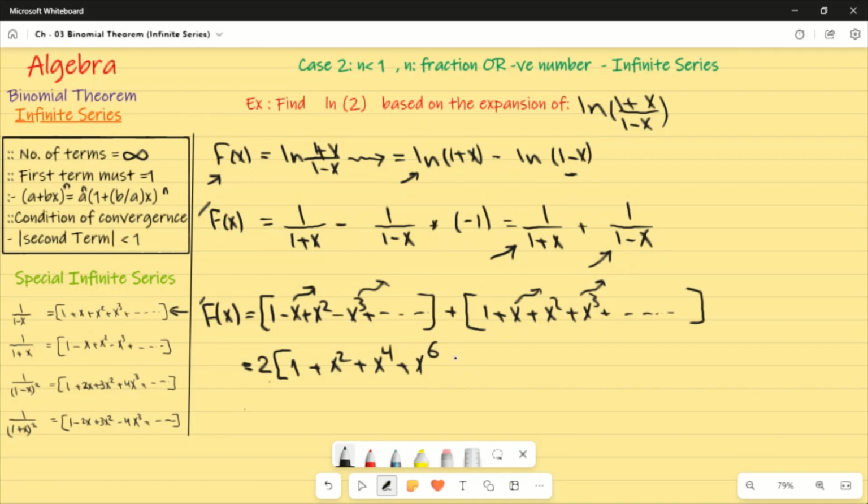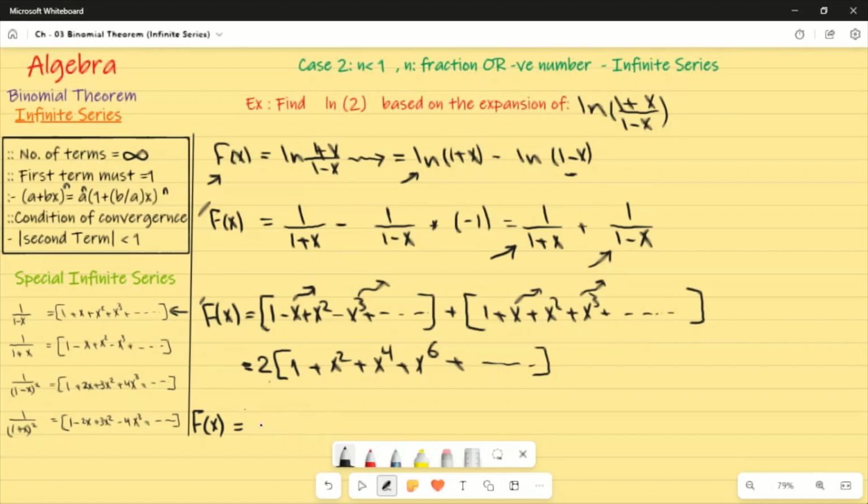And take 2 as a common factor from this expansion. So here we have f dash of x. To obtain f of x again, we will take the integral of this function.